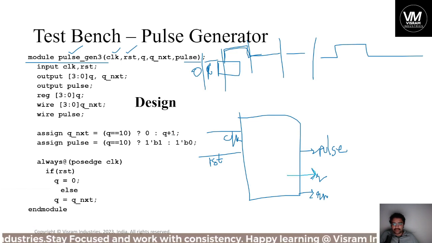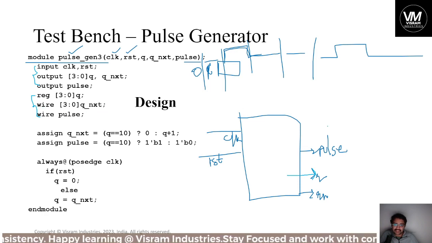So this is the Q. Hence, we have declared input and output as well as the reg and wires. Whatever inputs you declare will be registers, and wire pulse and wire Q next.